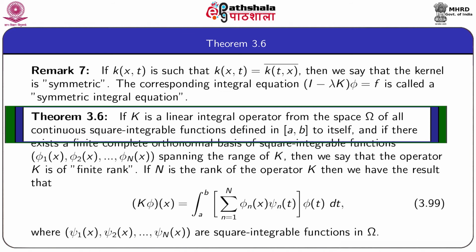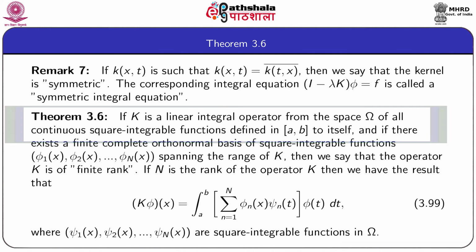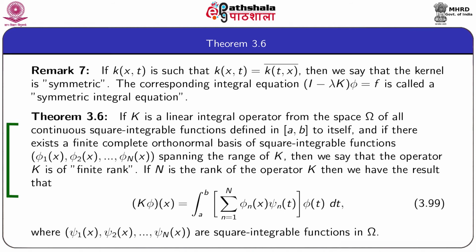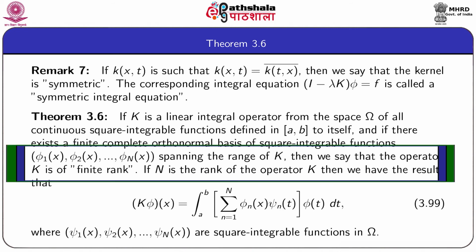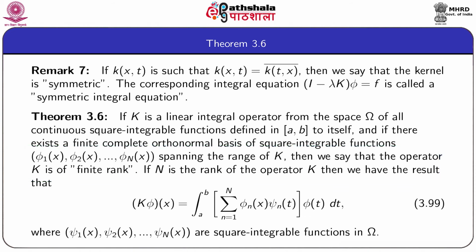If K is a linear integral operator from the space omega of all continuous square integrable functions defined in the closed interval [a,b] to itself, and if there exists a finite complete orthonormal basis of square integrable functions phi 1(x), phi 2(x), etc. up to phi N(x) spanning the range of K, then we say that the operator K is of finite rank.